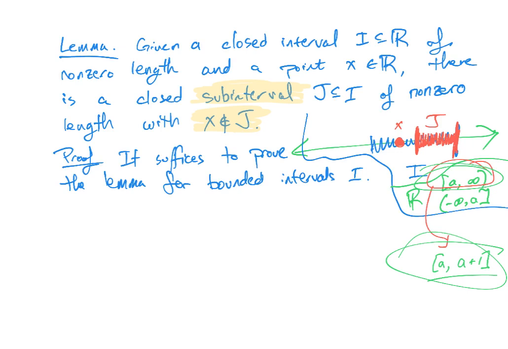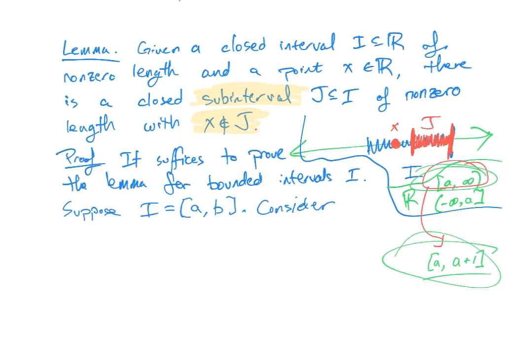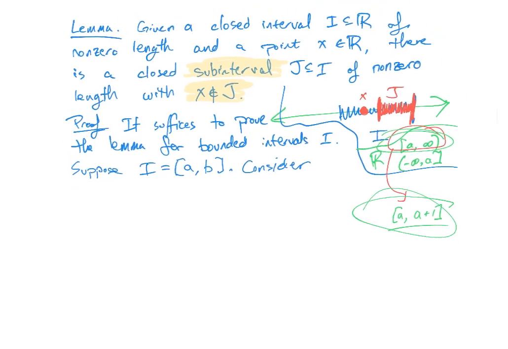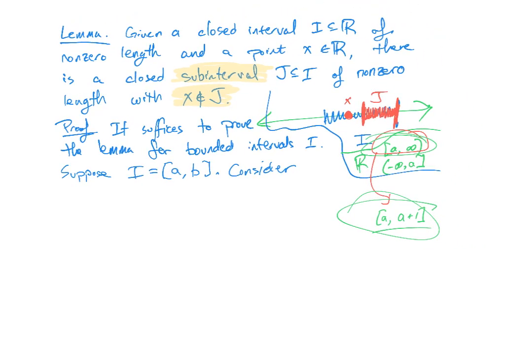The whole reason I want to do this is because I want to have real numbers a and b. So now suppose that I is the closed interval from a to b. There's a bunch of ways to do this. Here is my favorite way. I'm going to define I1 to be from a to a plus (b minus a)/3.